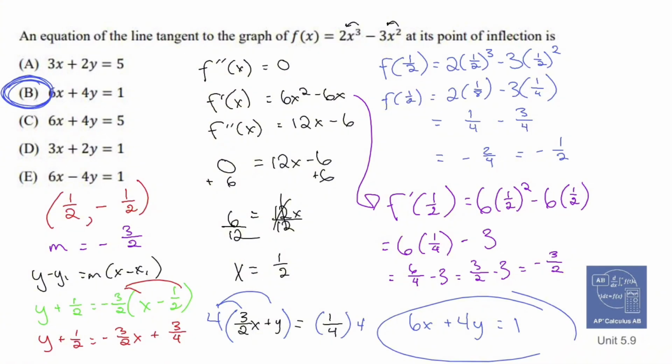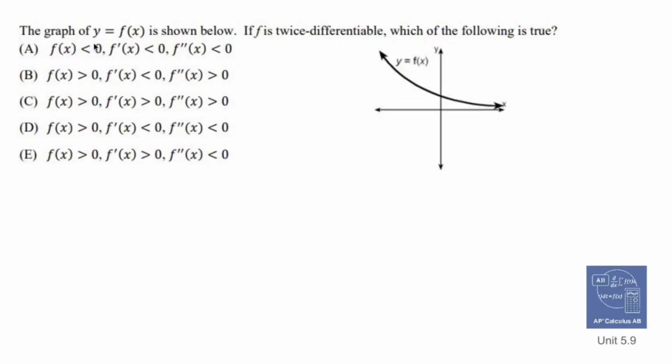The graph of y equals f of x is shown below. If f is twice differentiable, which of the following is true? Well, it's giving me information about what f of x is, what f prime of x is, and what f double prime of x is. F of x tells me where it is above or below the x-axis.